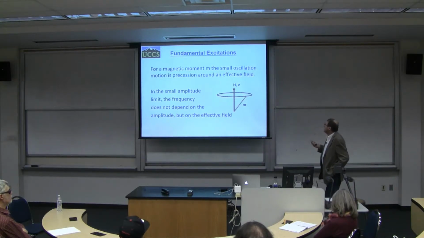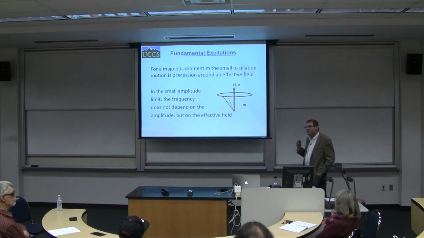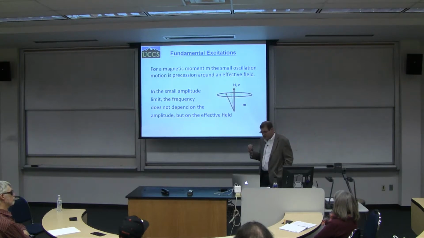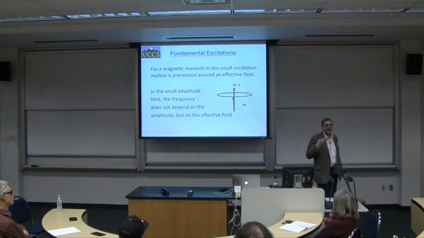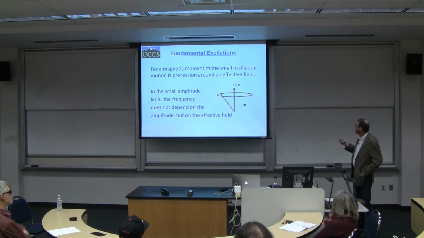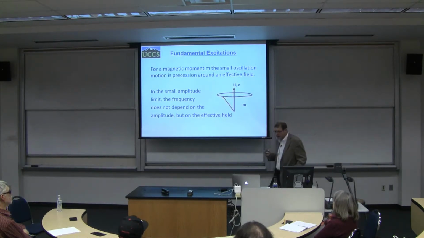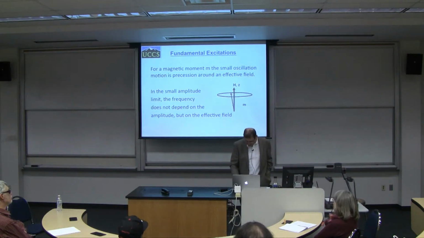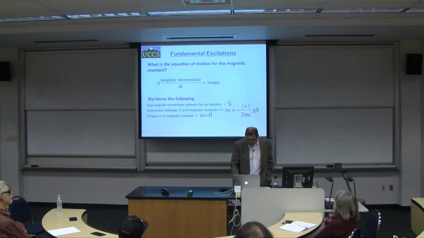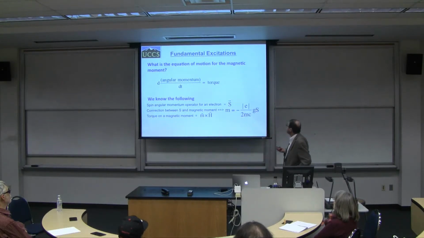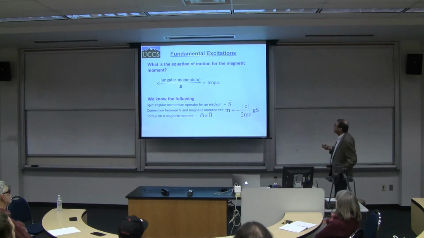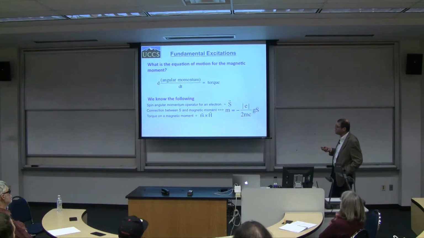Now, this applied field is not necessarily only the external field which you apply, but it could also be one of these effective fields, these anisotropy fields, and therefore depending on this value, I may have faster or slower precession around the direction of this effective field. So in magnetic materials, what we actually measure is the change of angular momentum with respect to time. And this determines the torque.